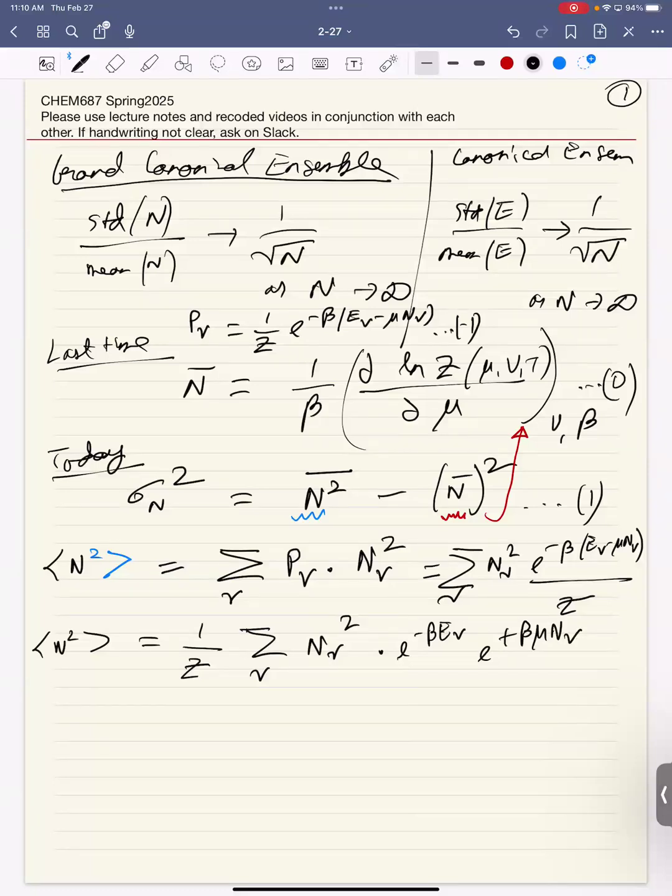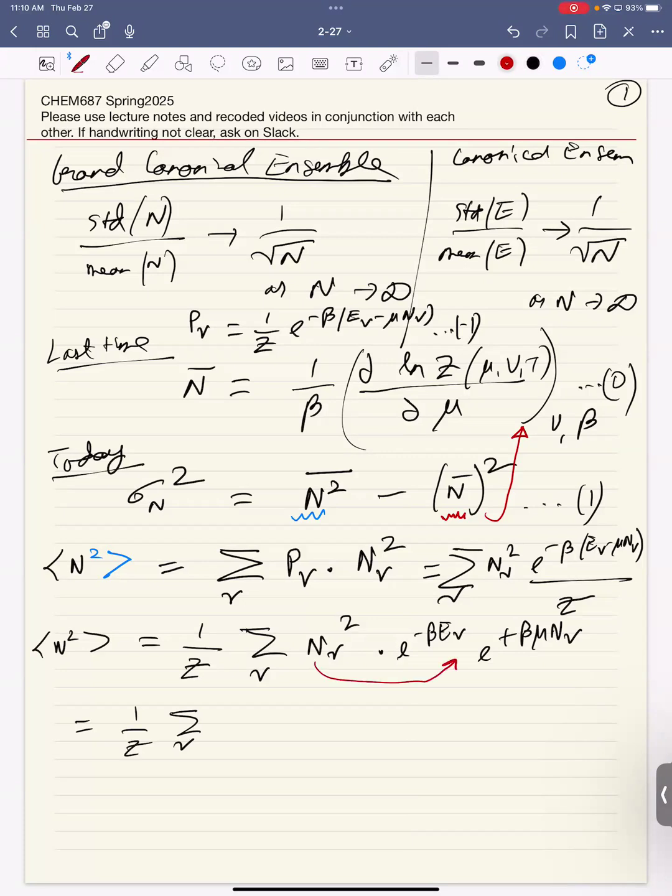Okay, so now what I'm going to do is again, just some more algebra, and I will move terms around. So I will write this as 1 over Z summation nu, and one of the N nu I'm going to bring over here.